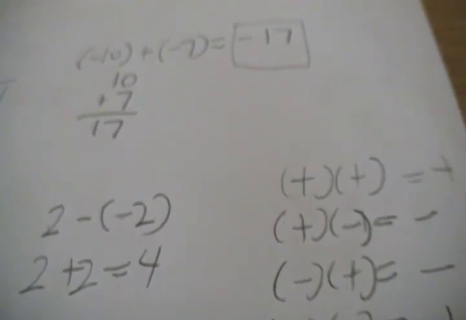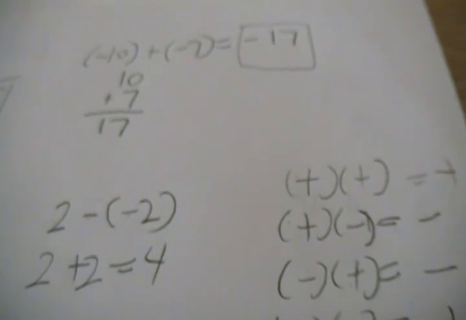Alright, let's try one more. Let's try negative 1 minus negative 3. So this becomes negative 1. Now we multiply out the two negatives, right here.